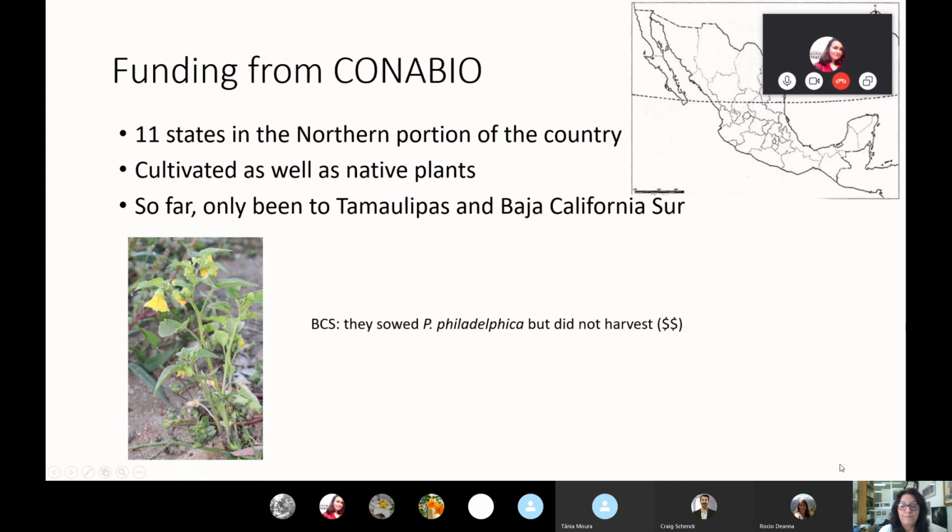Both states grow Physalis philadelphica. In Baja California only in a small area, but even when they did sow the seeds, they did not harvest because the price was not worth it, and so they left the plants to rot.